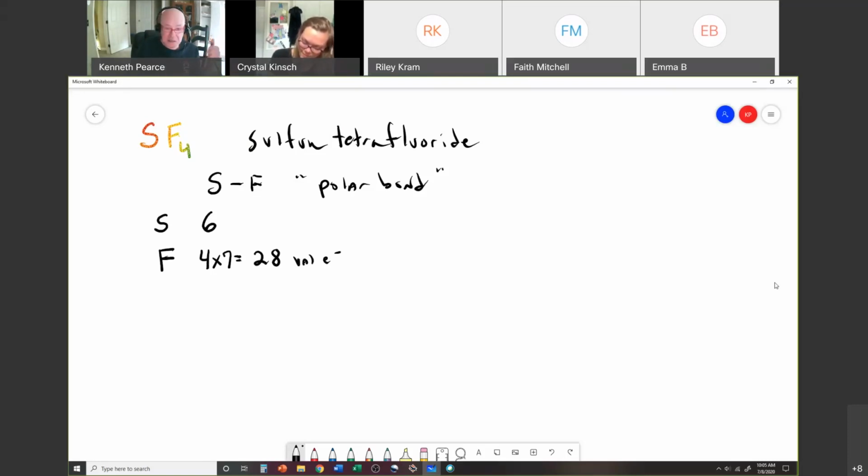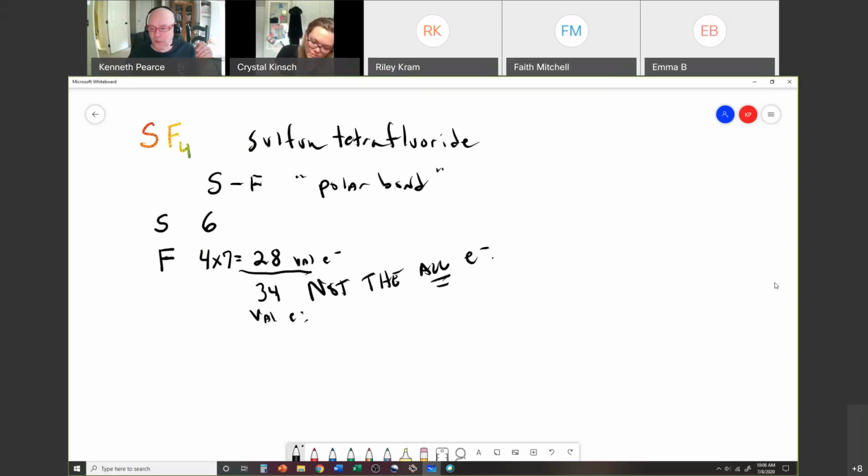This is what I mean: I'm running through everything I can say from this little formula. I add these up and get 34 valence electrons total. What else do we know about this 34? It's not all the electrons. It's just the valence electrons, 34 total for the whole thing.